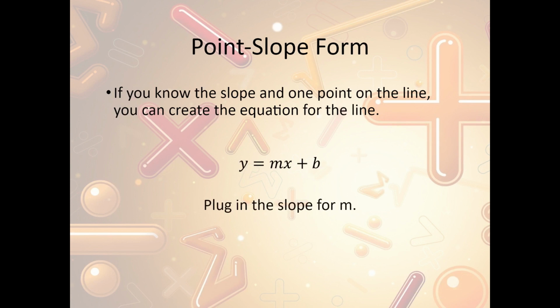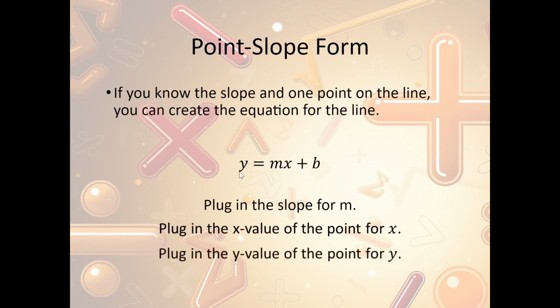So whatever slope is given to us, we plug that in for m. We plug in the x value of the coordinate. So we're given some ordered pair, and we plug in the x part here, and we plug in the y coordinate here, and now we're left with only one variable, which is b, and we can then solve for b and get the y-intercept.